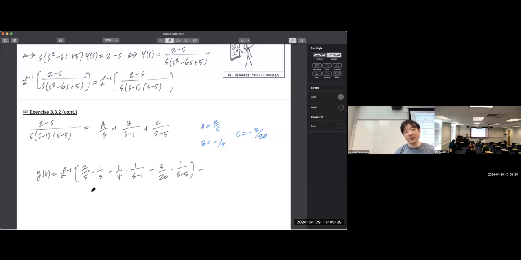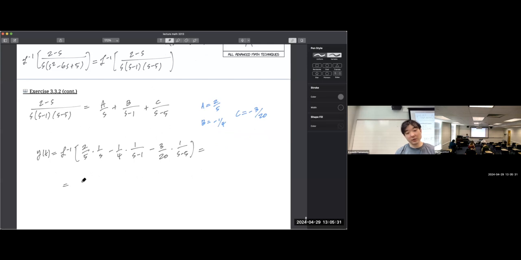And each of these are really easy. So this is just 2 over 5. The inverse Laplace transform of 1 over s is just 1. So it's just going to be 2 over 5 minus 1/4 e to the t minus 3 over 20 e to the 5t. And that's the answer.